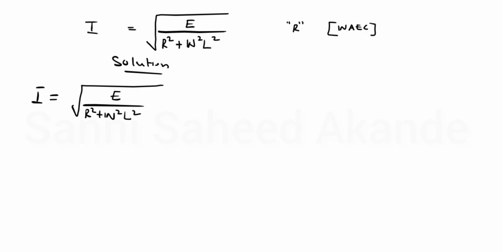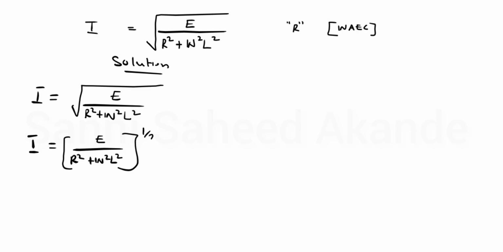Now the first thing to do here is to take the square of both sides. Okay, but before then you can also write this as I is equal to E divided by r squared plus w squared l squared, okay, so everything raised to power 1 over 2. You can write it as this, it is the same thing.